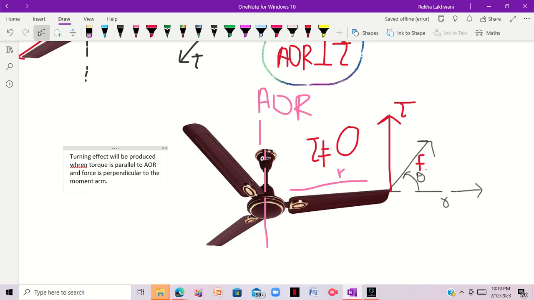So the torque will be produced when the axis of rotation and the torque are both parallel to each other. We know that the angle we use here is sine theta.